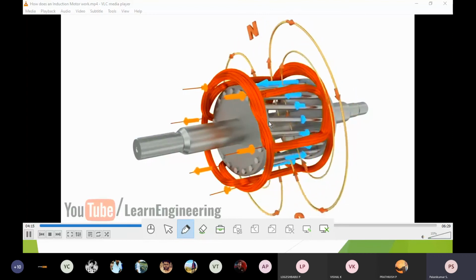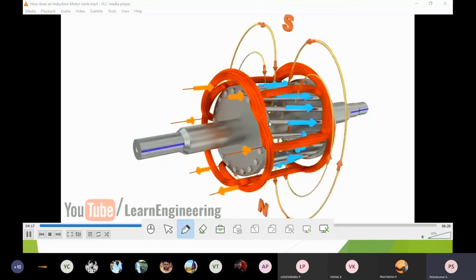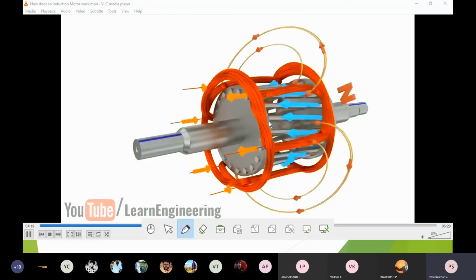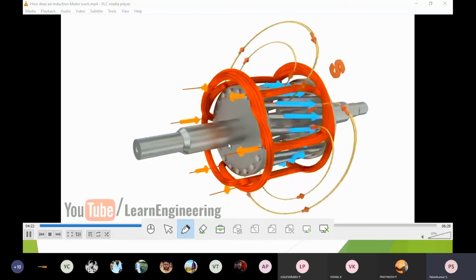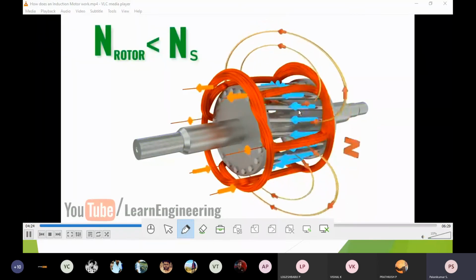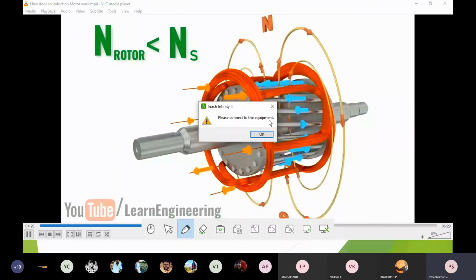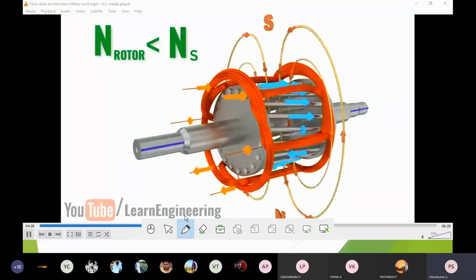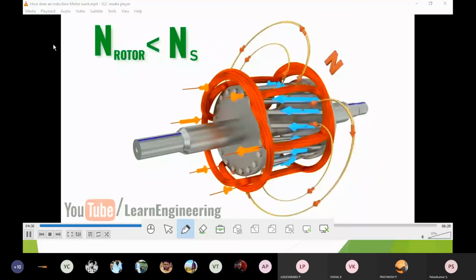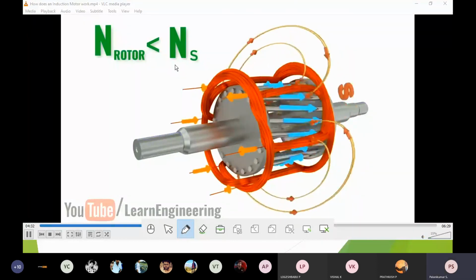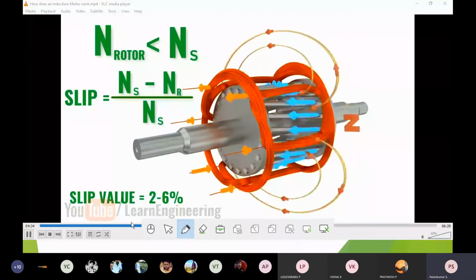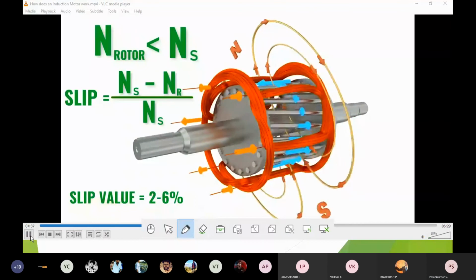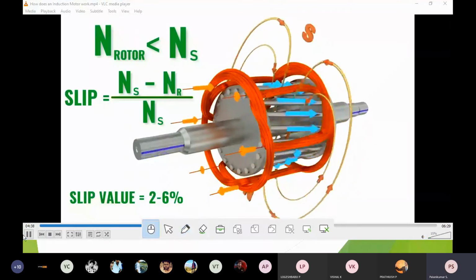That EMF makes a current, since the end rings are short circuited, and at that instant the rotation starts building. This difference is usually called the slip speed.